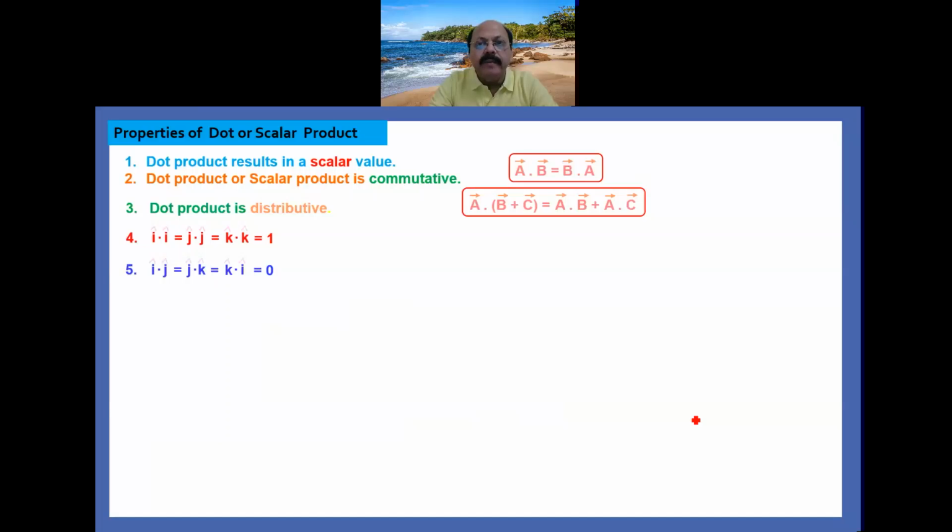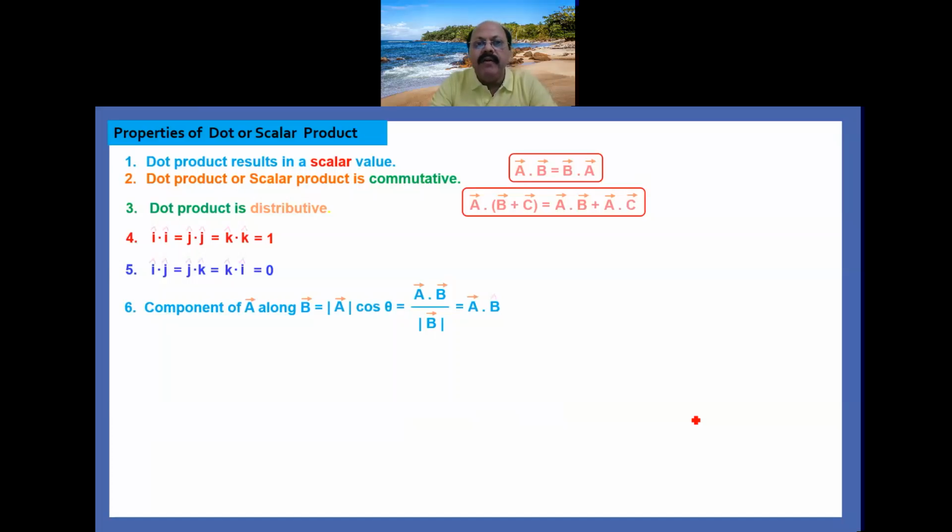Similarly, when you take the dot product of two unit vectors which are perpendicular, theta is 90 degrees, and cos 90 is 0. So that's why i cap dot j cap equal to 0, j cap dot k cap equal to 0, k cap dot i cap equal to 0. You remember these properties, which are very important.